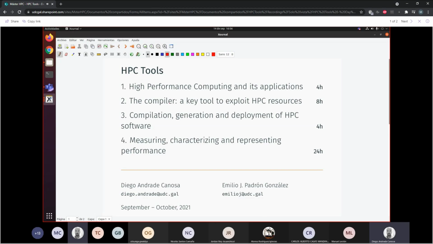First, I would like to tell you about the main contents of the subject. If you were yesterday in the presentation of the master, probably Jorge gave you an overview of the master. So the idea of high performance computing is that wherever you have high computational demands, you need to make some effort in order to speed up one application, okay?